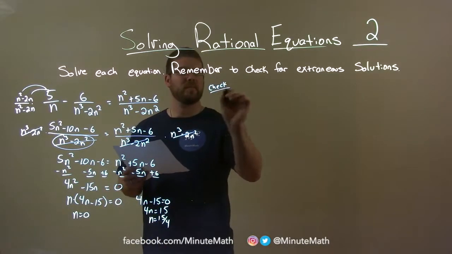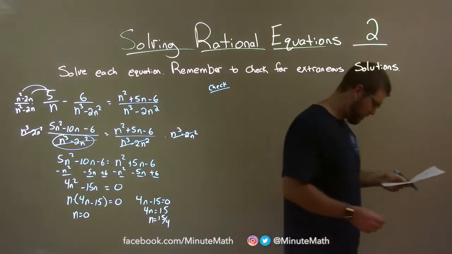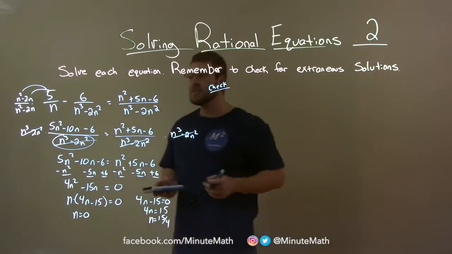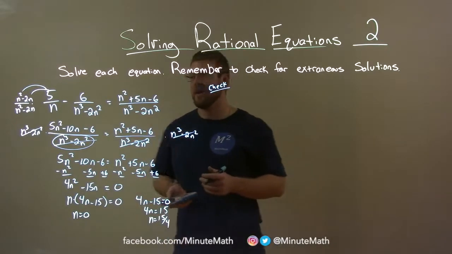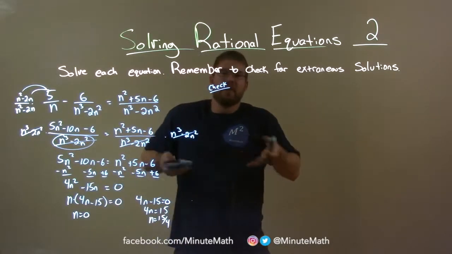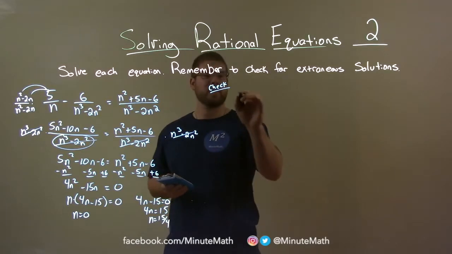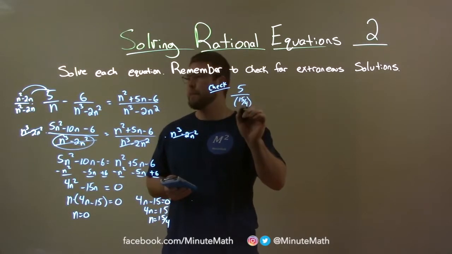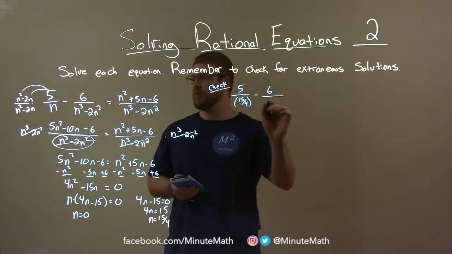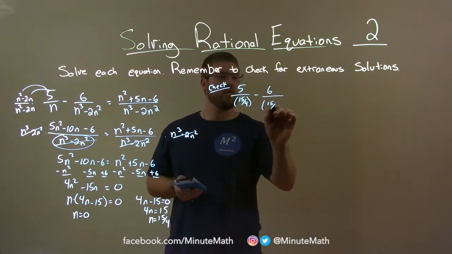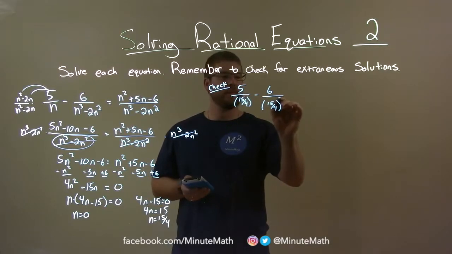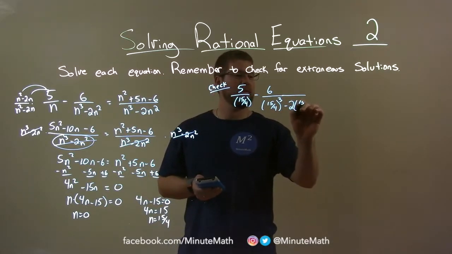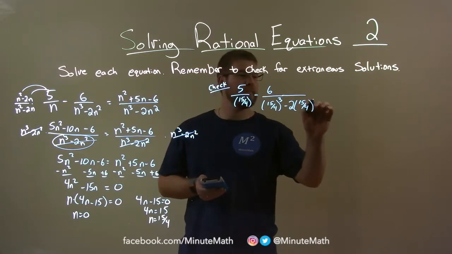Alright, let's check the 15 over 4 first. To do that, I take my original equation and plug 15 over 4 in for n and see if the left and right hand side are equal. 5 over 15 over 4 minus 6 over 15 over 4 to the third power minus 2 times 15 over 4 squared.